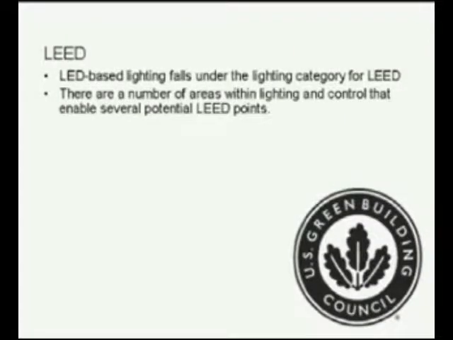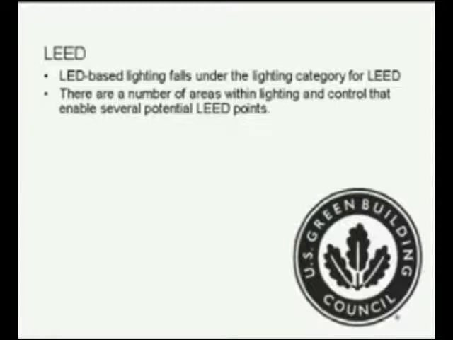Another area that has come under a great deal of interest is that of sustainability and a variety of other areas around that. And LEED, which is a rating system from the U.S. Green Building Council, is one such means to do that. Through LEED, you're able to accrue a number of points related to a certain level of sustainability within a building facility.